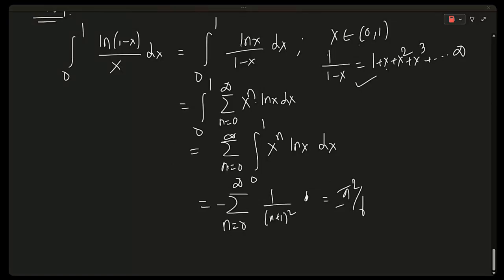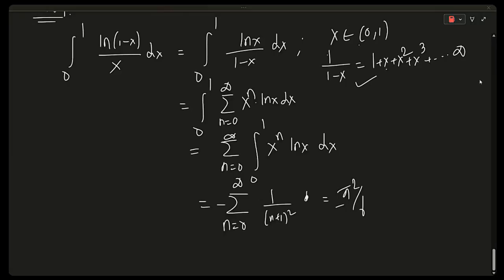Yes, Madhur. Sir, could you please explain the 1 by 1 minus x part once again? Yes, so stay with me. Since x belongs to 0 to 1, correct? It's in the interval. Now, if you remember, in an infinite GP, the infinite geometric progression sum only converges if your common ratio is between minus 1 and plus 1, correct? Yes, sir.